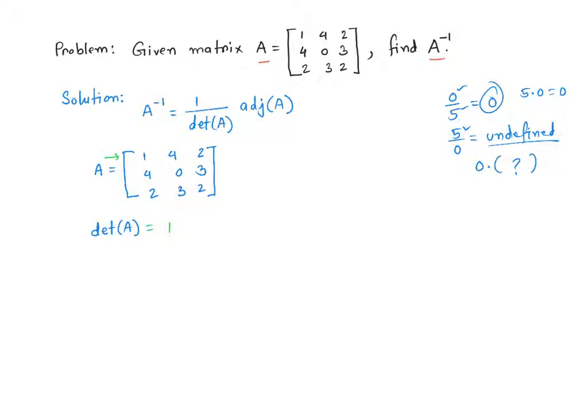So it's going to be this times, then if you ignore the first row and the first column, you will be left with 0, 3, 3, 2, and the determinant of that is going to be 0 times 2 is 0, minus 3 times 3 is 9. Then I consider the first row, second column.